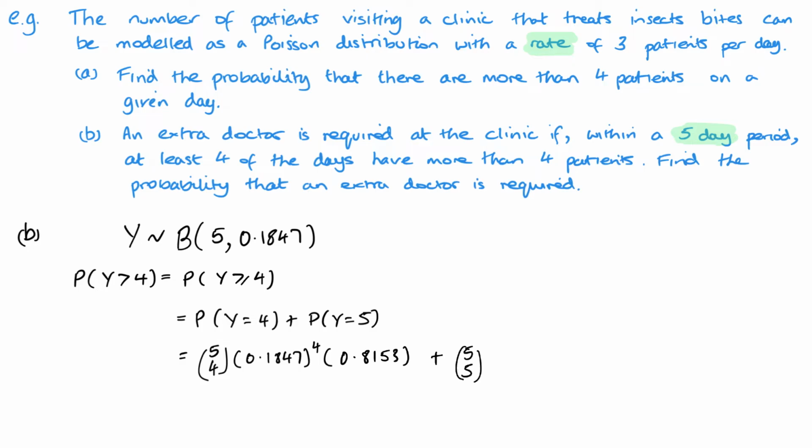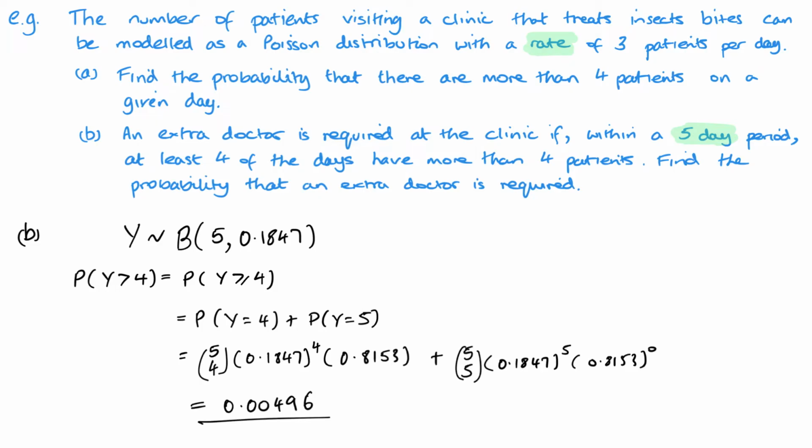We don't really need to put it down, as it is going to just be 1, isn't it? But I'm just going to pop it all in here, 0.1847 to the power 5, 0.8153 to the power 0. Once I'm done with that, we should get 0.00496 there to 3 significant figures.